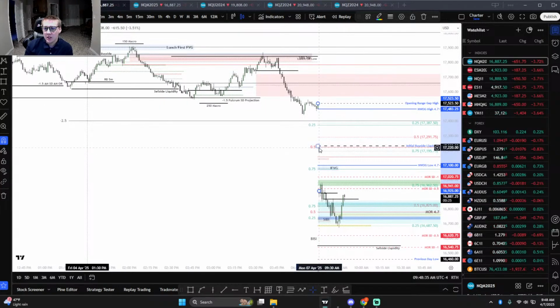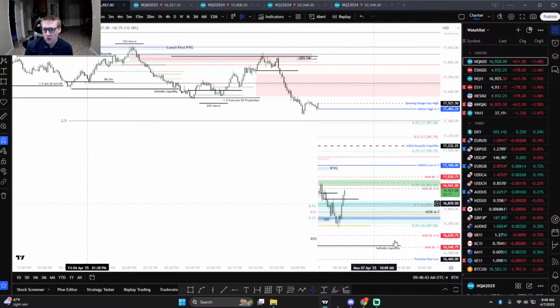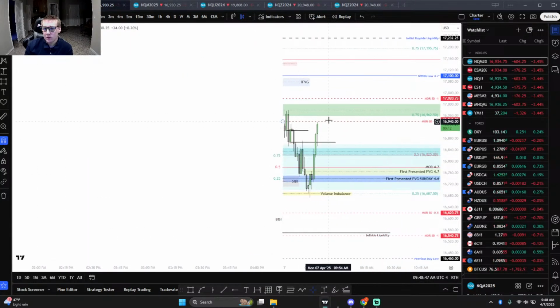It's pretty much that, and this buy side liquidity pool. Look at this. That's what we used to low that. That's the breaker.